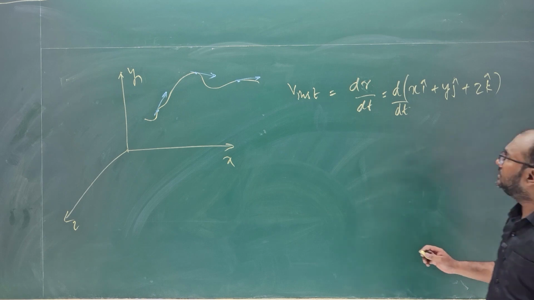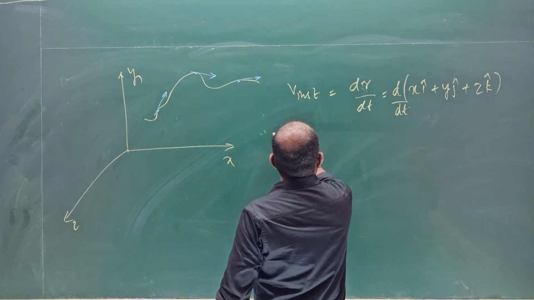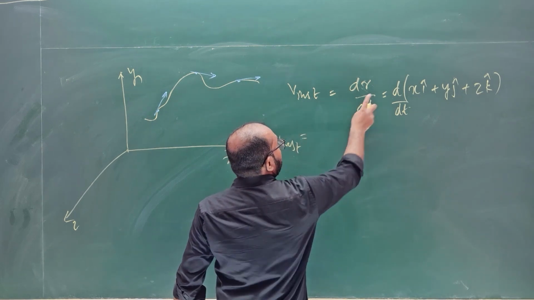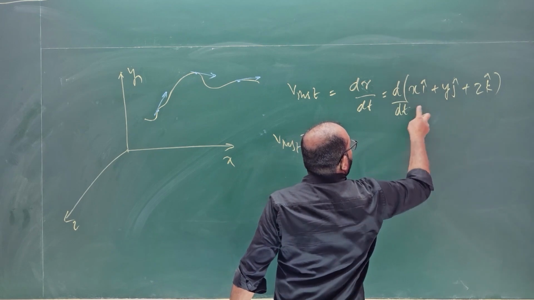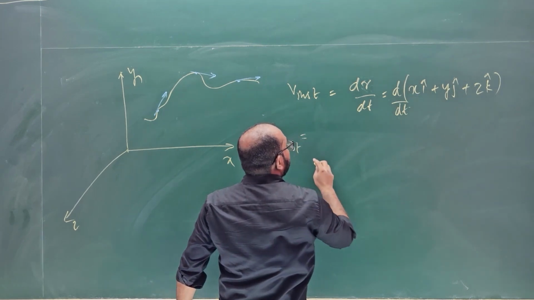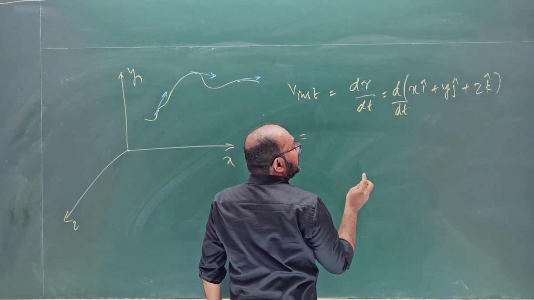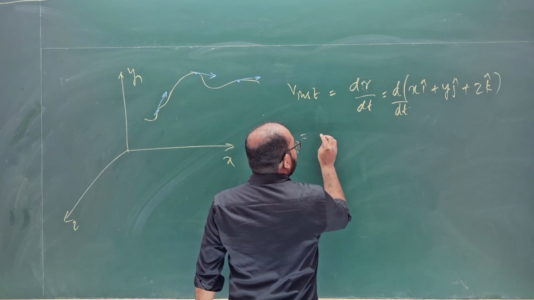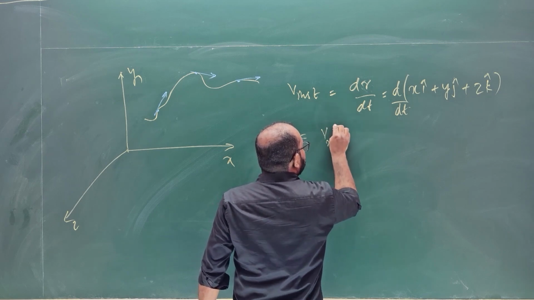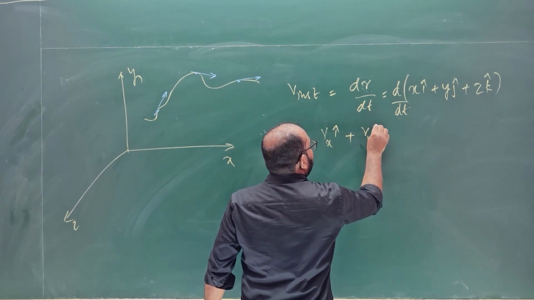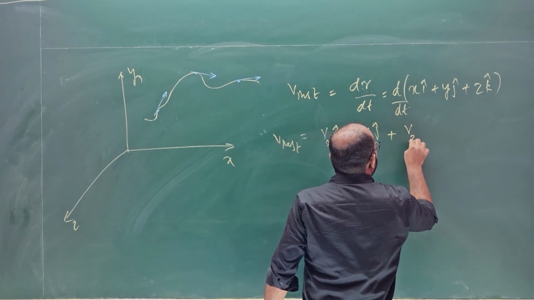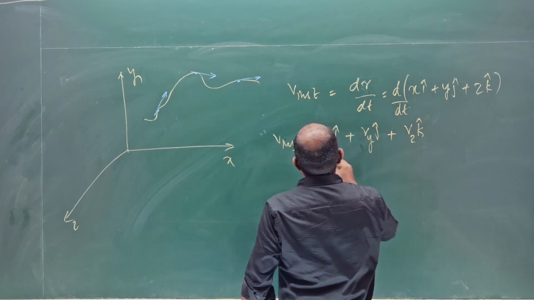Can I separate these three? V instantaneous can be written as dx upon dt, dy upon dt, and dz upon dt. These are nothing but the velocities, so velocity along the x-axis plus velocity along the y-axis plus velocity along the z-axis.